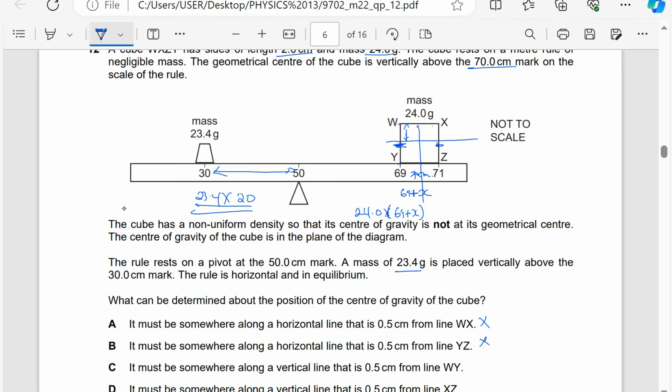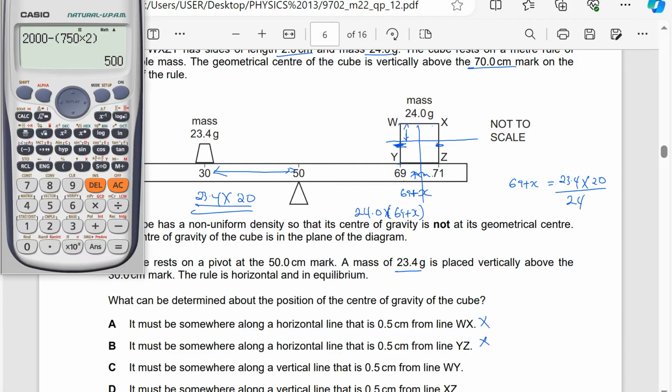So I'll say 69 plus X is going to be 23.4 times 20 divided by 24.